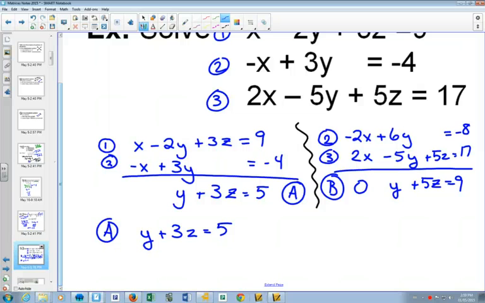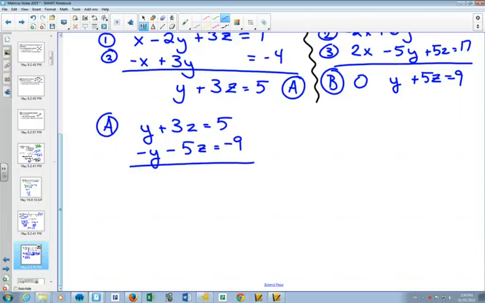I take equation B and multiply it by a negative: -y minus 5z equals -9. And add them. I get z equals 2, which makes sense because often when you make a z, it looks like a 2 anyways, right?